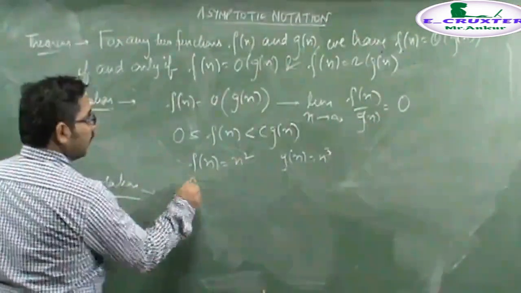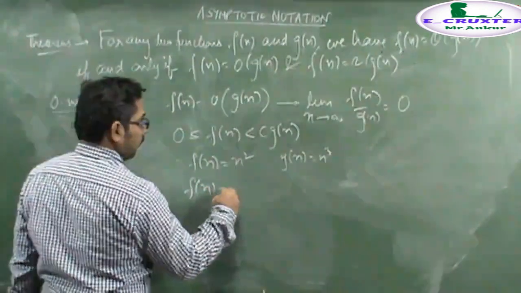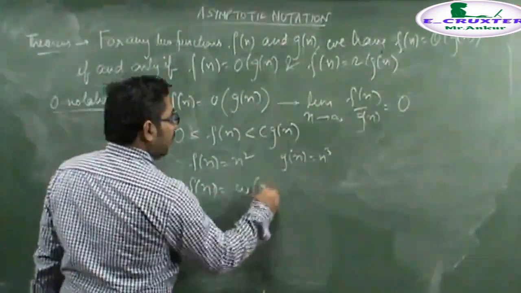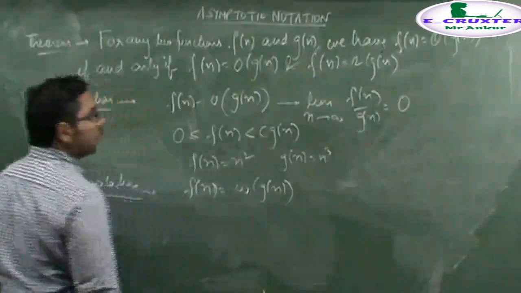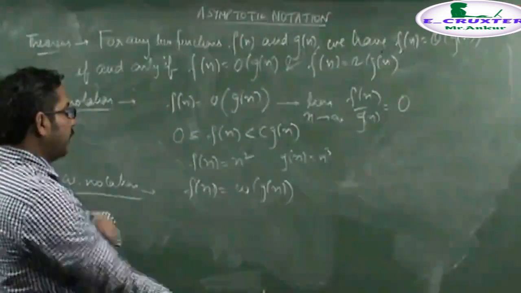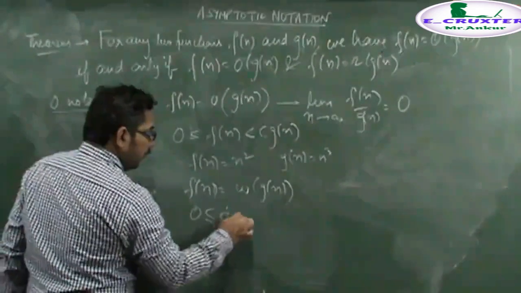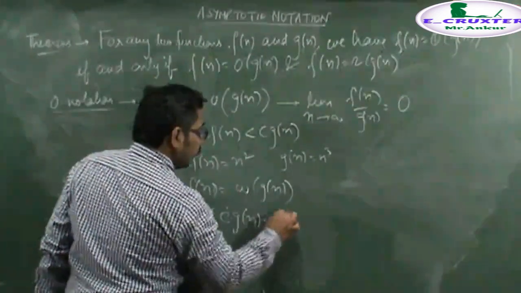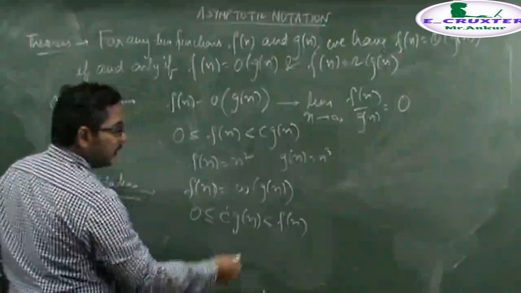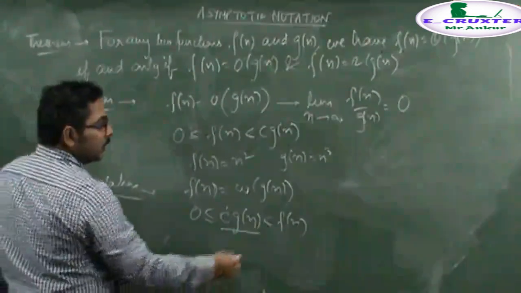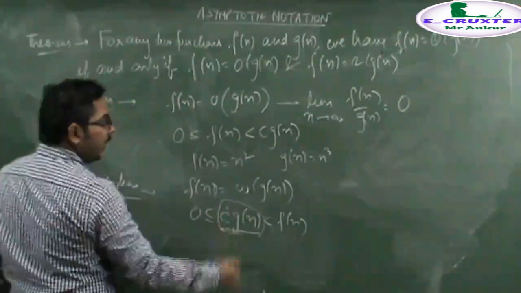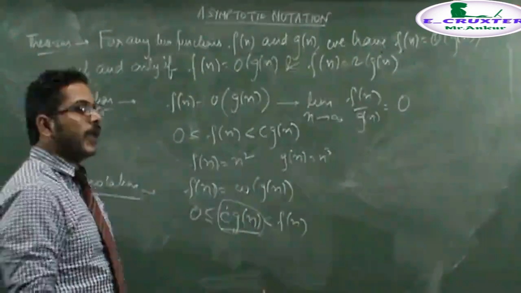That is, we say that for the f(n) function, the g(n) function will act as the lower bound in such a way that 0 is less than or equal to c g(n) is less than or equal to f(n). That is, if I multiply the g(n) function with the constant c, then its result is always smaller than the f(n) function.